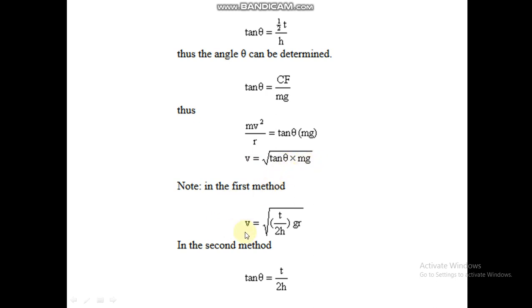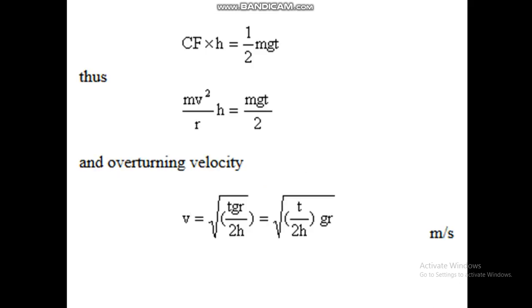So these are the two formulas. And how will you calculate this tan theta? Tan theta can be calculated as t upon 2h, as we have derived in this part: tan theta is equal to half of t upon h. So from these formulas you can solve the numericals based on these concepts.